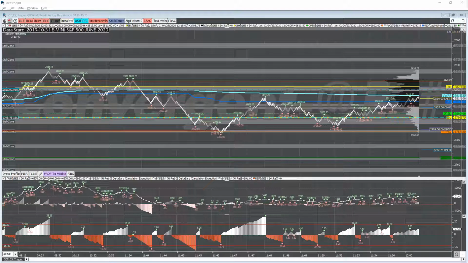So, in general, zippers just look like these little areas where the market's just chopping back and forth. That's a zipper. That's a zipper. And the reason it's called a zipper, or I called it a zipper a long time ago, is because it's made up of bars that look like this.